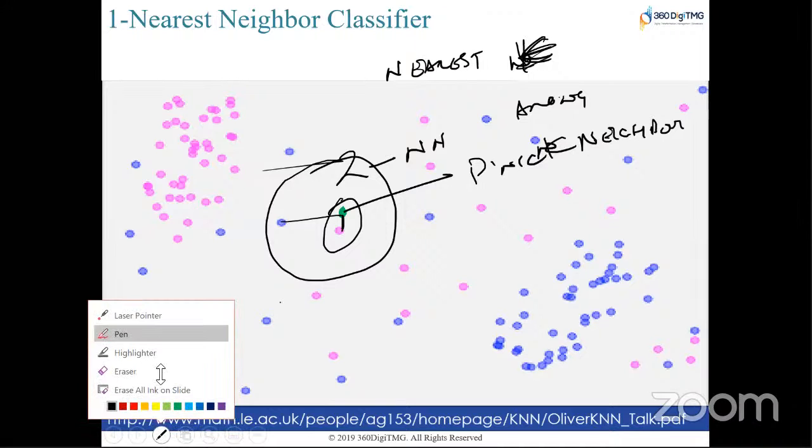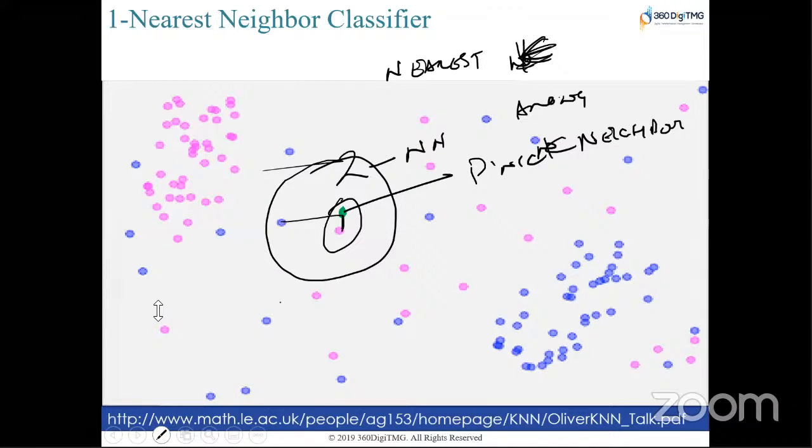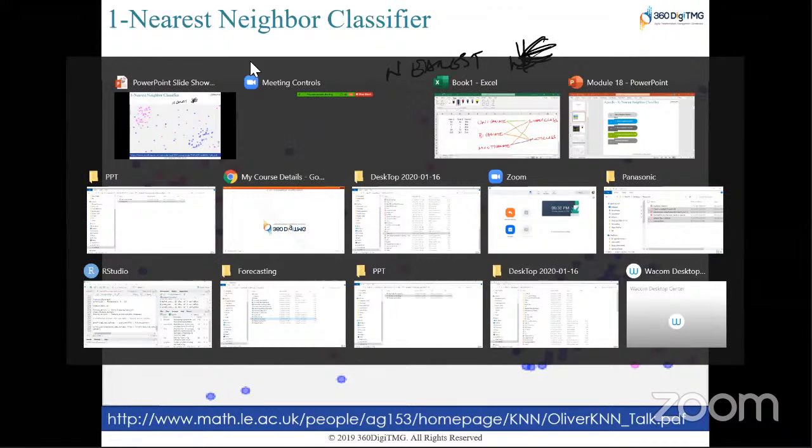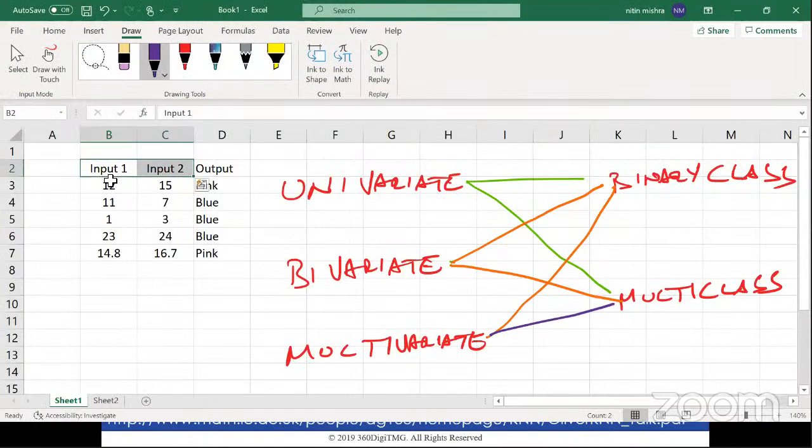I'll repeat it for the benefit of the few people who have asked me. Let me erase this. The pink and blue data points are already classified, right? I have the input, I have the output. Let me replace x1, x2 with values. I have a lot of data, hundreds of records. Then finally, I have one record which is 17 and 28.